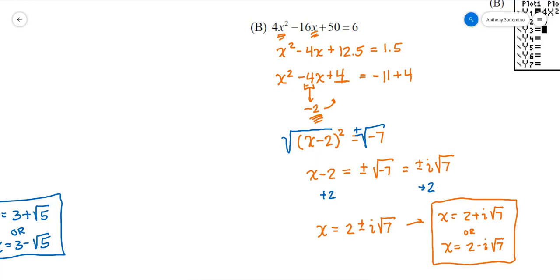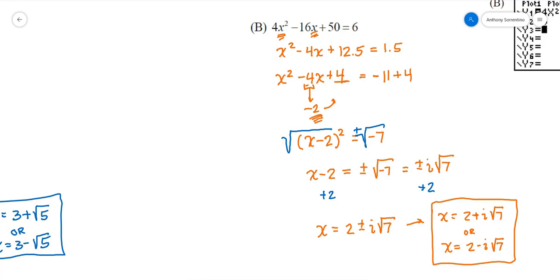Again, we leave radicals alone to make sure that any irrational solution is written exactly. Since we do have a radical involved, we tend to put the i's in front to indicate that the i is not being square rooted as well, because that would be a different circumstance. And there's my solutions.